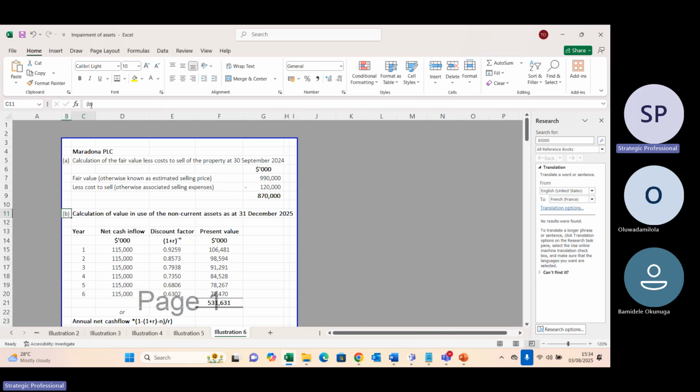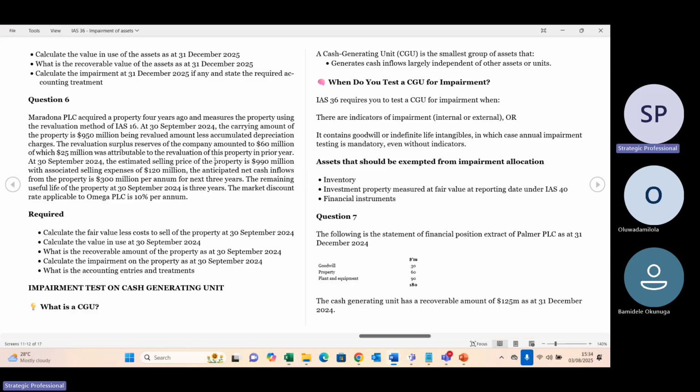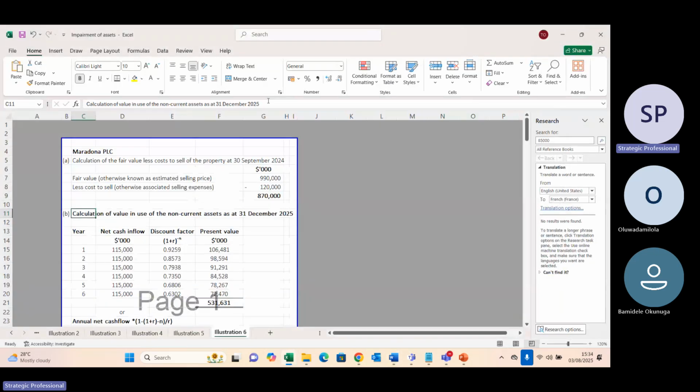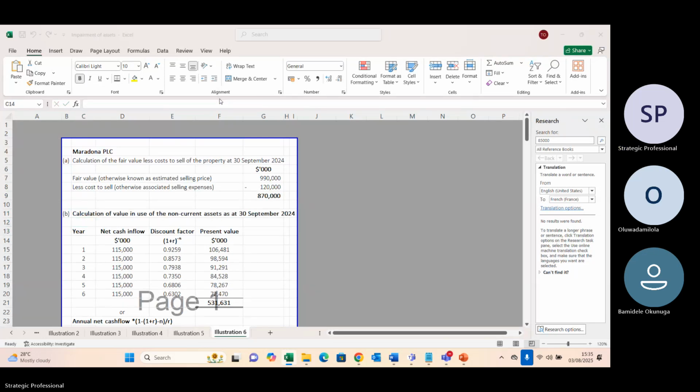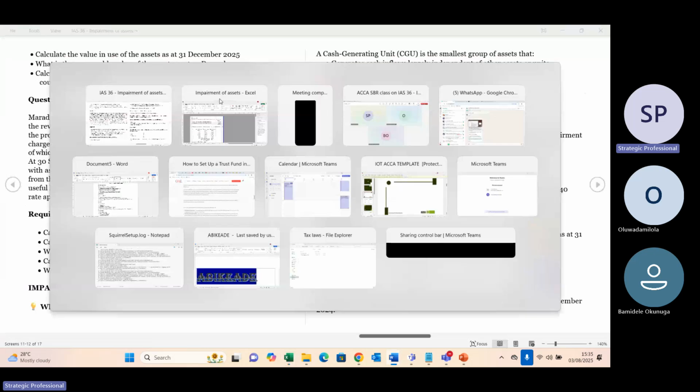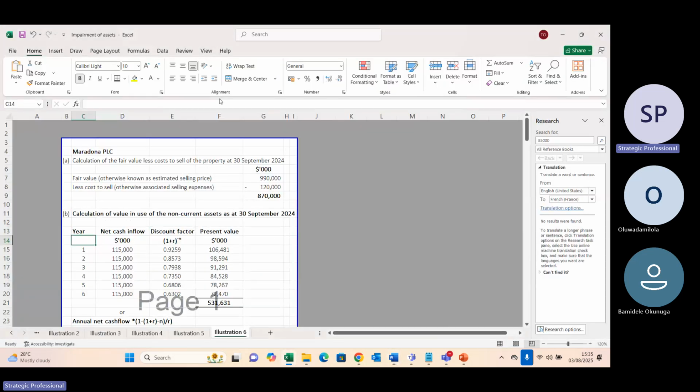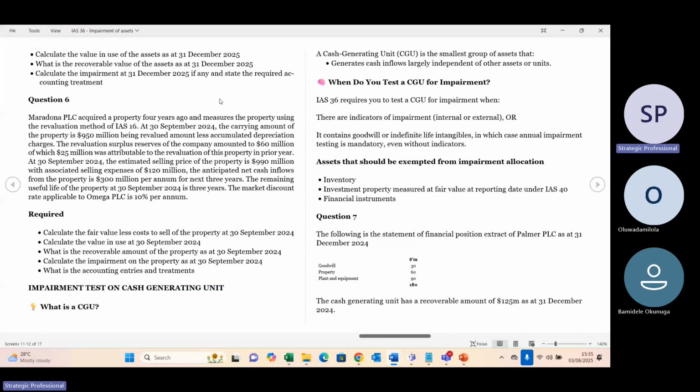The next one is the calculation of value in use as at 30 September 2024. I told you that when you are doing your value in use, there are three components you should look out for: the years, the net cash inflow, and the discount rate.